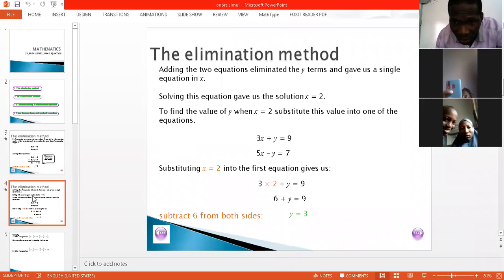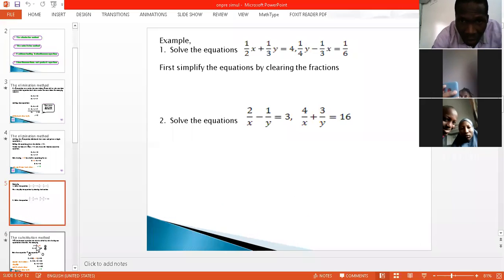Make use of the first equation. So we have 3 multiplied by 2, that gives us 6 plus y equals 9. Then you subtract 6 from both sides and you get your answer to be 3. Now, this example also was done last lesson.